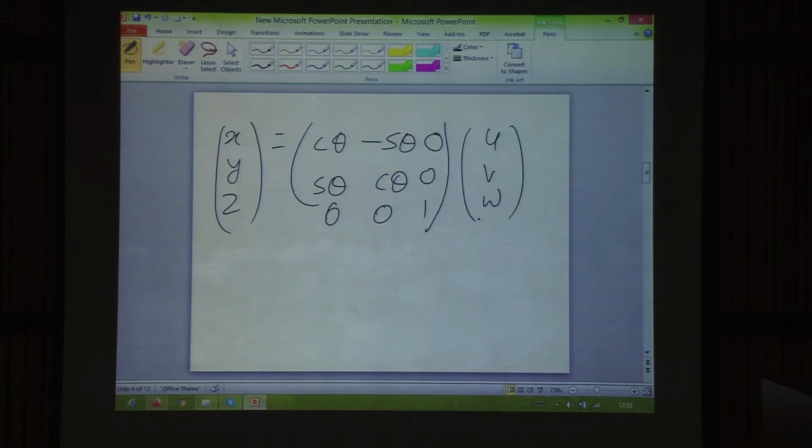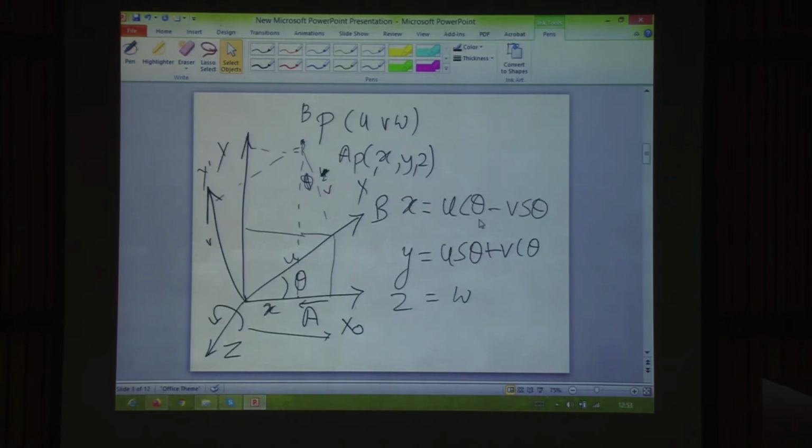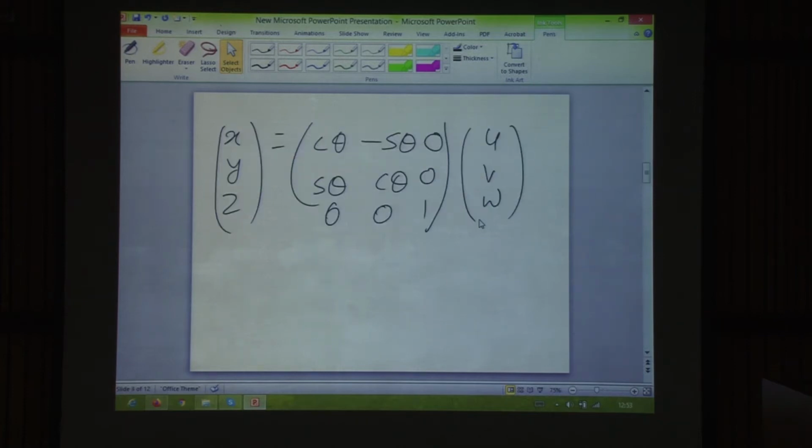So, I am writing this in matrix form. On the left hand side you have x, y and z, and on this side you have u, v and w. And this matrix that I am going to get is cos theta, minus sin theta, cos theta, and that remains as 1. Okay. So, if I write this in matrix form, it will come out like this: cos, minus sin, cos, this is 0 0 1, this is 0 0 0.